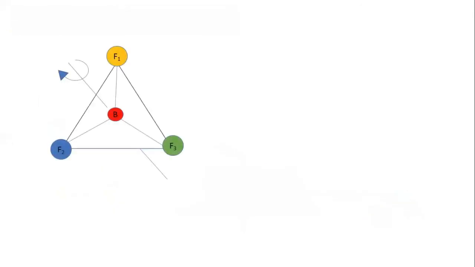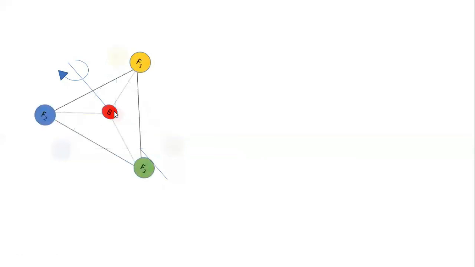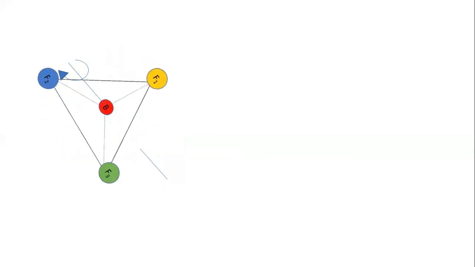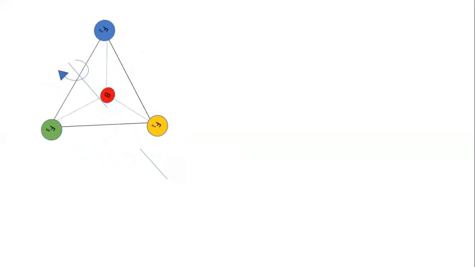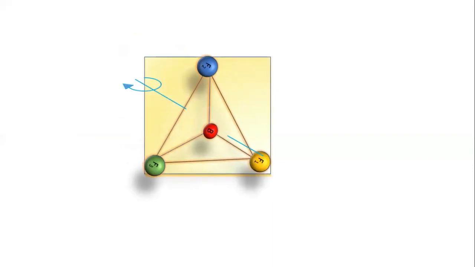So this is the BF3 molecule, triangular planar in shape, and the axis is perpendicular and passing through the boron, and the rotation is performed. So this is a 60-degree rotation and then a 120-degree rotation. We get an indistinguishable configuration, and later we keep a mirror plane over the planar molecule, and that plane should be perpendicular to the axis.